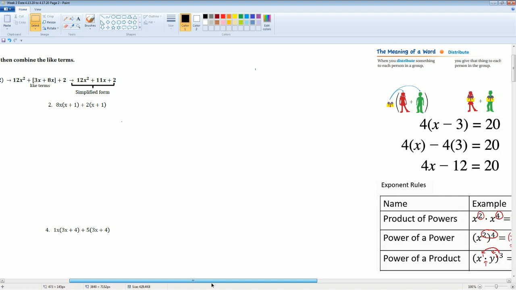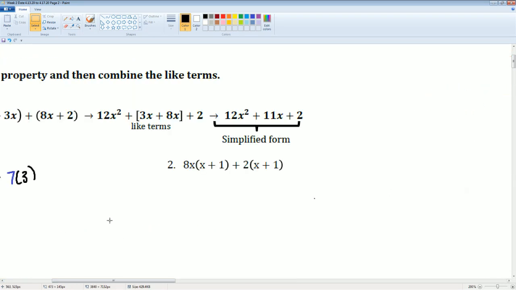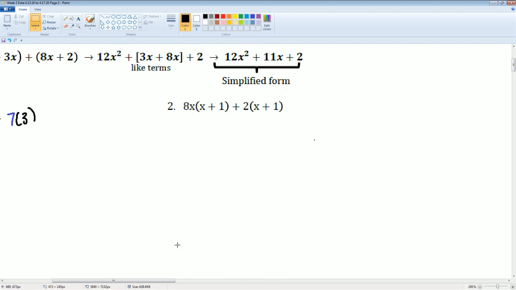So for this one, you could do this by yourself, right? But I'm going to help you out first. So the first one, you're going to have 8x multiplied to the x, plus 8x times 1.